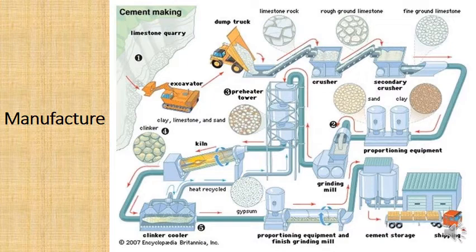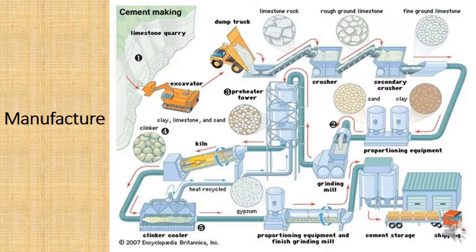Now remember what I said, that the proportion needs to be about 60% limestone and about 40% sand and clay, depending on what kind of Portland cement you're trying to produce and the quality of sand and clay you're using. And so they will prepare that. They will mix it all together. They will grind it to make it even smaller particles.